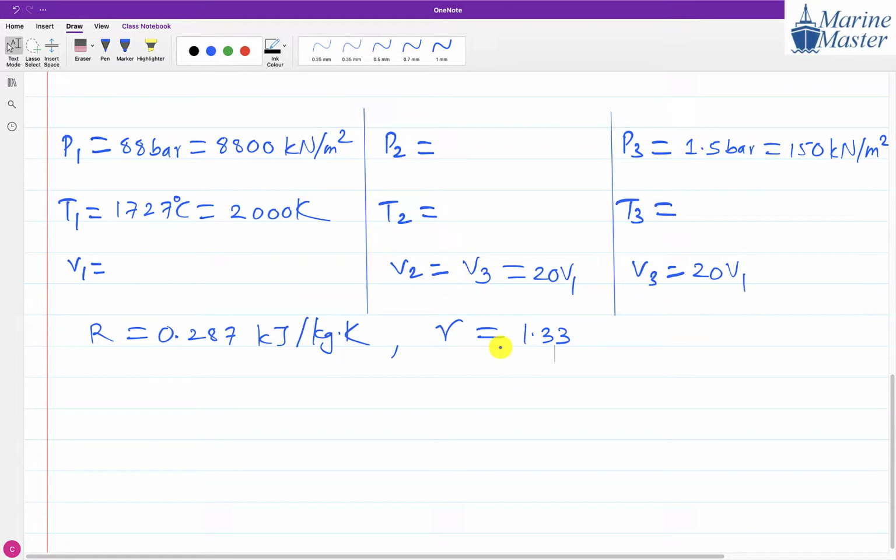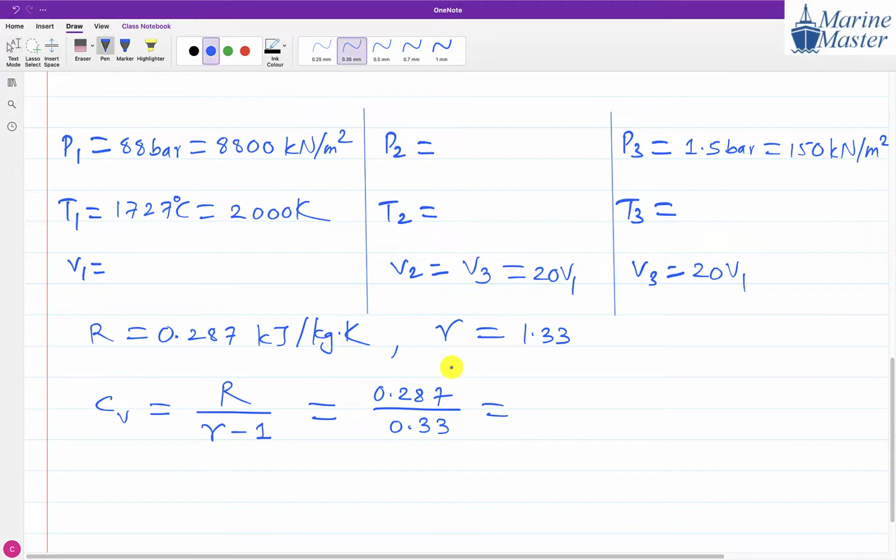Out of those 4 properties we have R and gamma. How to get the value of Cv? Cv will become R upon gamma minus 1. R is 0.287. Gamma minus 1 will become 0.33. So 0.287 divided by 0.33.